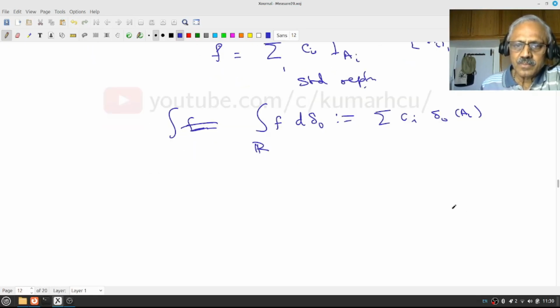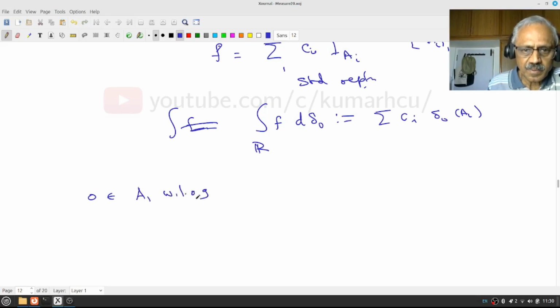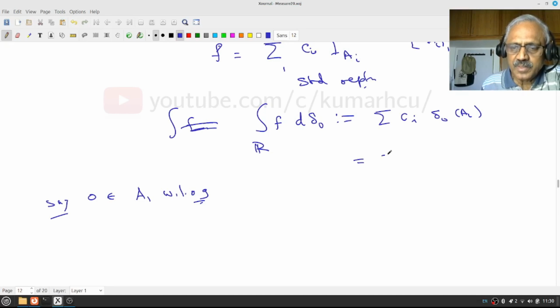Right? Now notice that this is a measure, this is a partition. Therefore, 0 belongs to only one, say A1, without loss of generality. You understand? Therefore, this is going to be C1 times delta naught of A1 plus C2 times delta naught of A2 and so on, Cn times delta naught of An.